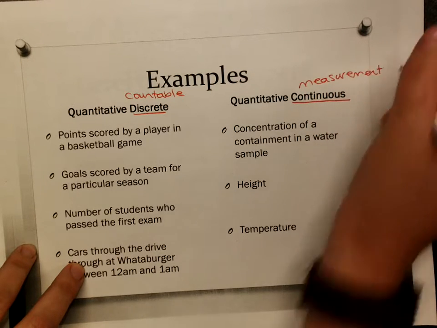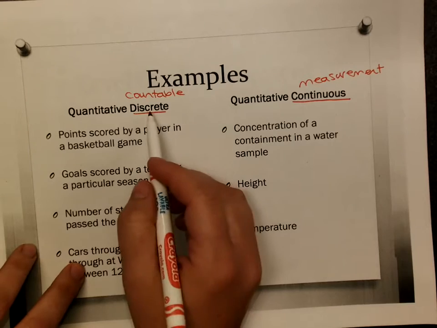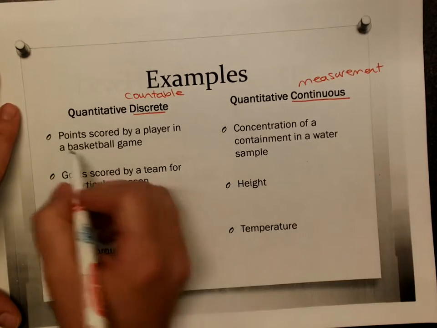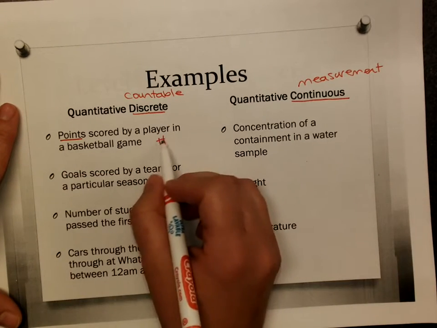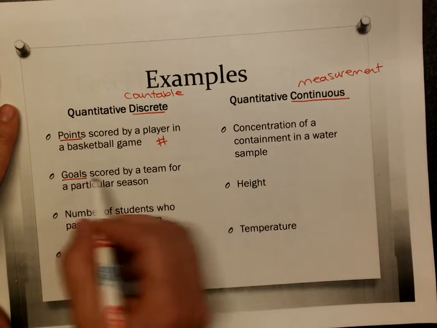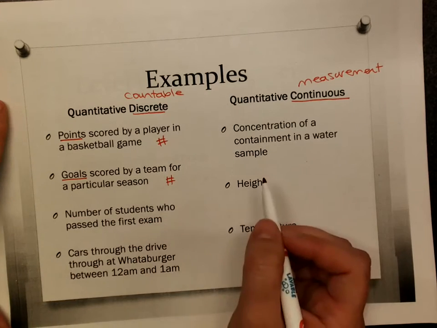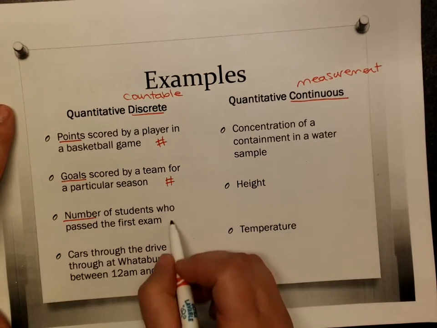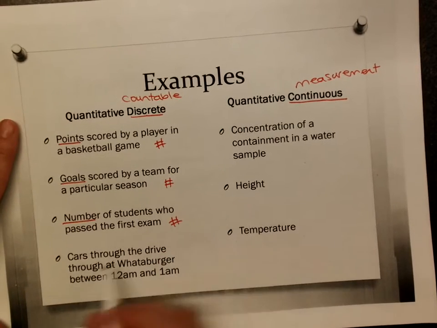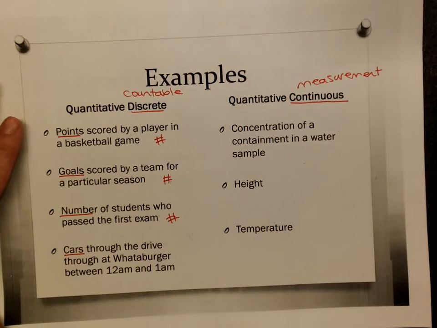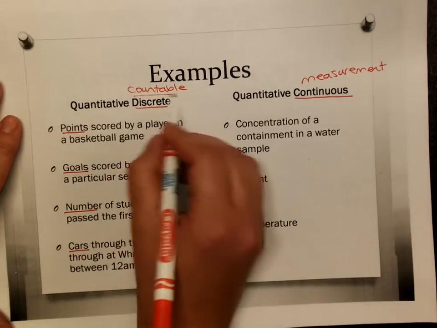So these are the same examples, but separated between discrete and continuous. So the number of points scored is a count. The number of goals scored is a count. The number of students who pass the first exam, that's a count. And the number of cars through the drive-thru is a count. These are all countable things.